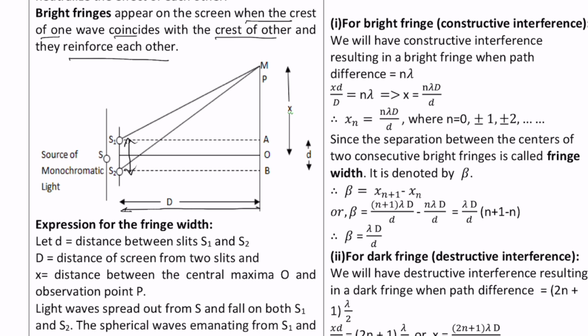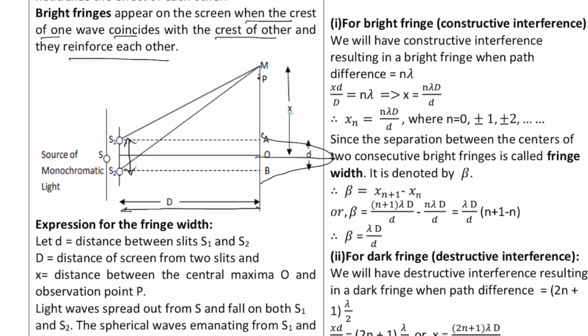X is the distance between the central maxima O and the observation point P. Central maxima means where the amplitude is maximum. This is X.